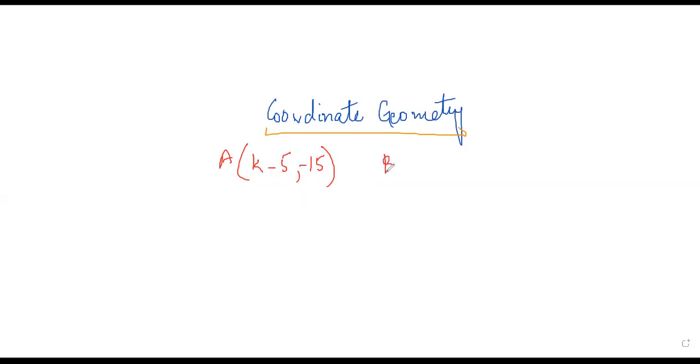B is 10, comma k. And C is 6, comma minus k. What am I supposed to do? The examiner says you need to find the possible values of k if A, B, and C are collinear.